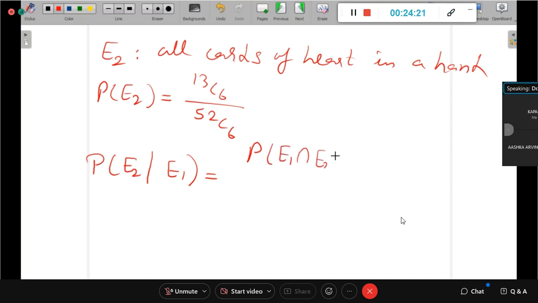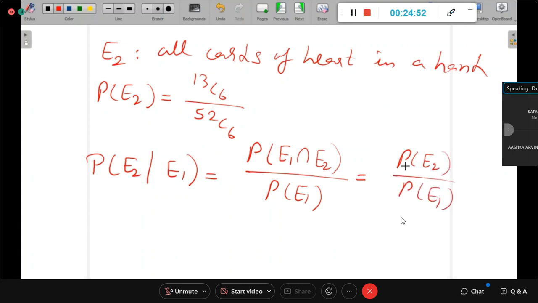Now let's follow the definition. E2 and E1 happening together, divided by the probability of E1. Happening together means at least 5 cards of heart in a hand and all cards of heart in a hand. So this step is going to be the probability of E2 divided by the probability of E1.